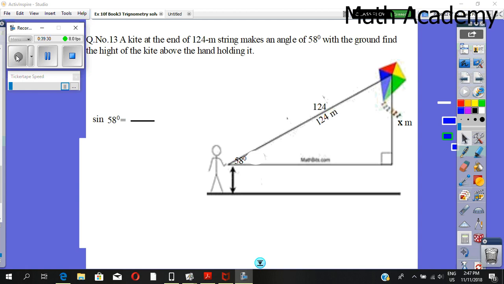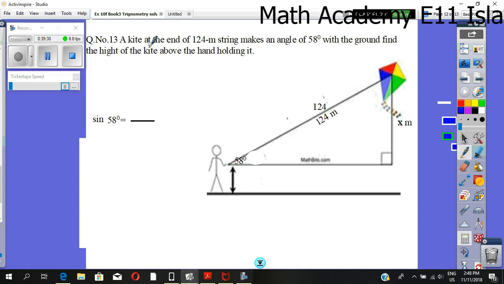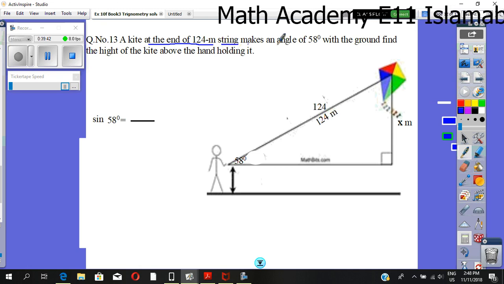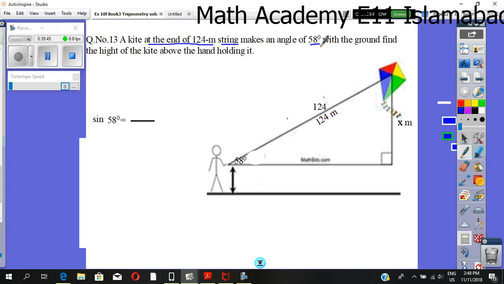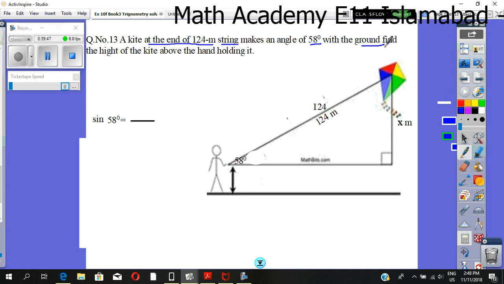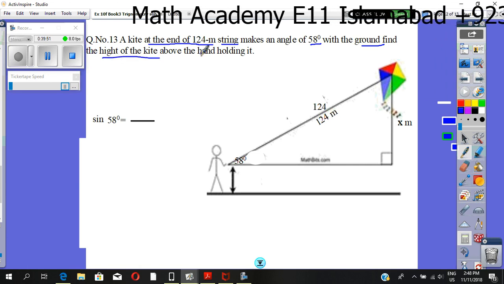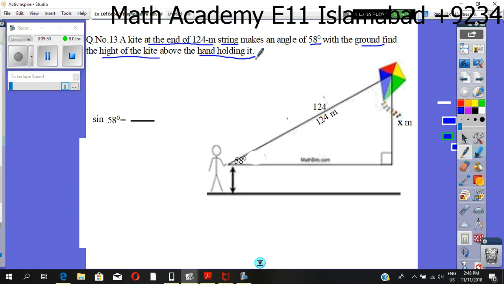Here we have another question, and that question number is 13. A kite at the end of a 124 meter string makes an angle of 58 degrees with the ground. Find the height of the kite above the hand holding it.